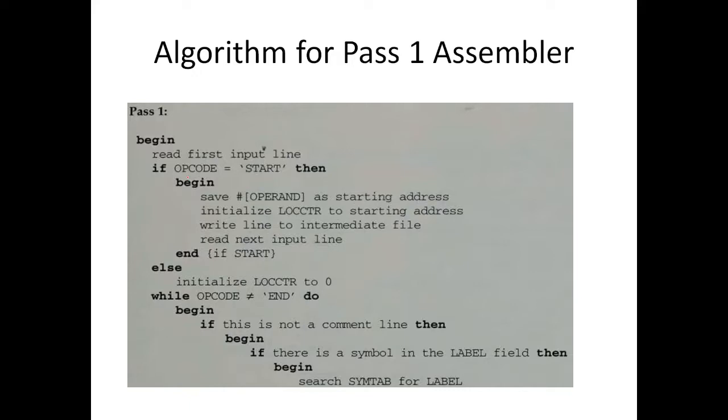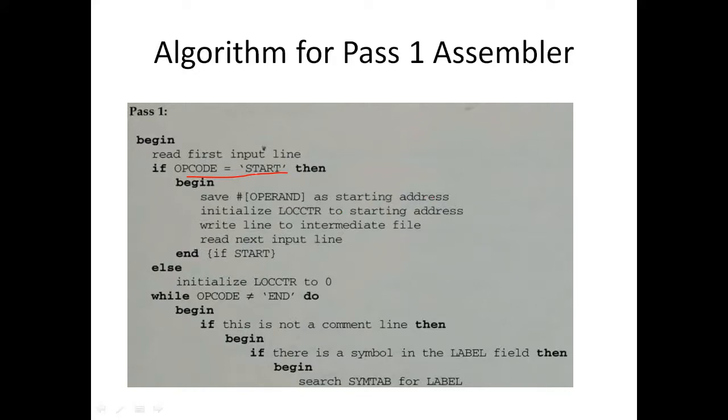Most programs will have these kinds of columns, and also some line number if required, but most of the time label, opcode and operands are the three main column names. First, if opcode is equal to START, which indicates the start of the program, then save the operand value as the starting address.